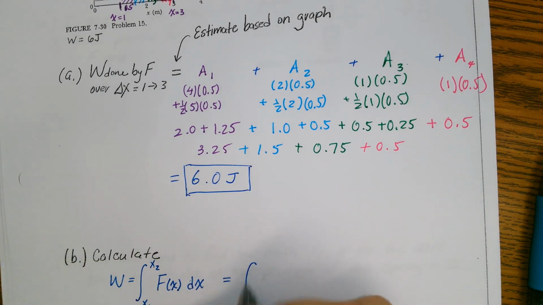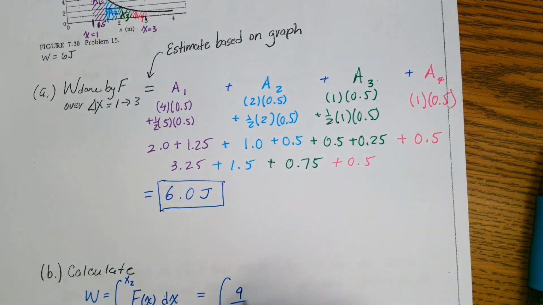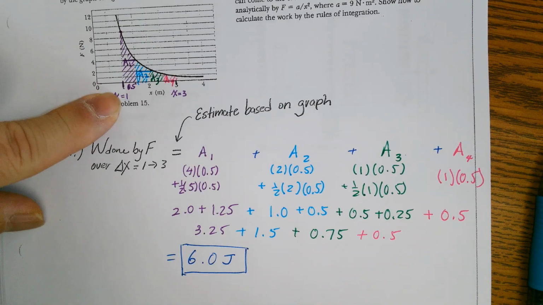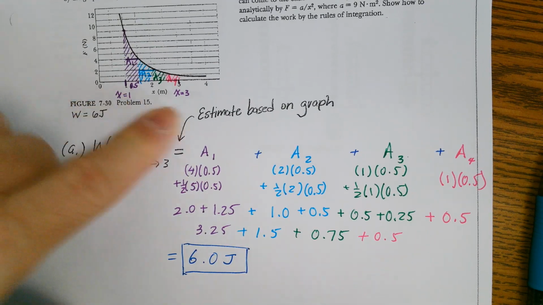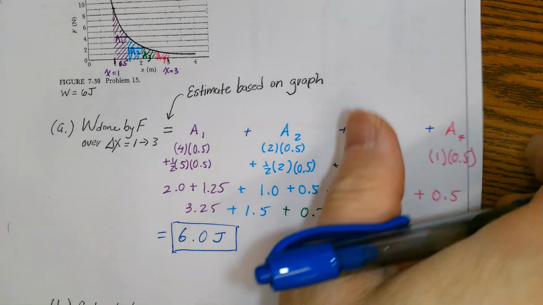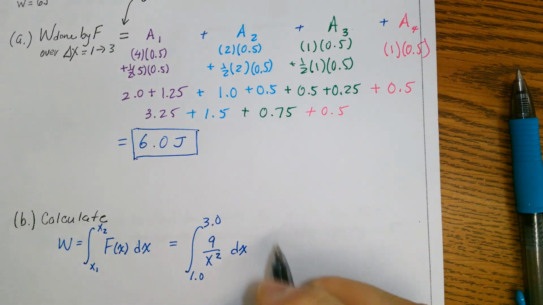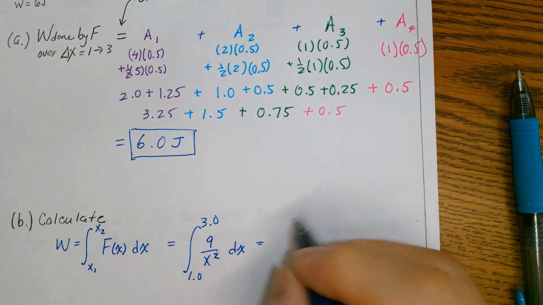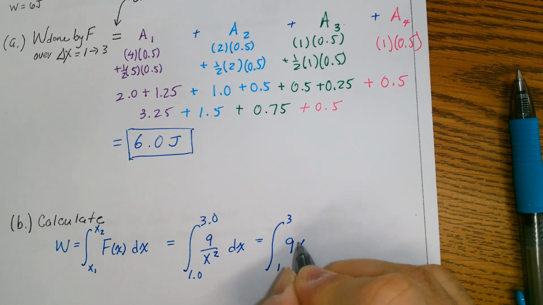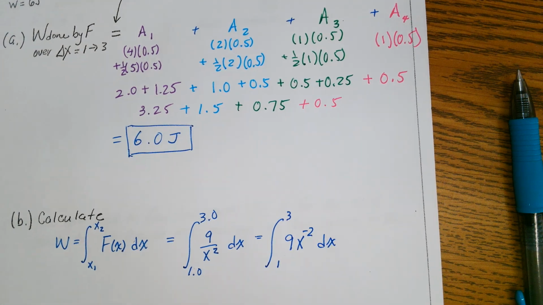But since we have this f of x as 9 over x squared, and our x initial, or x1, is 1, and x2 is 3, dx. So if I want to rewrite this, I could simply say the integral from 1 to 3 of 9 times x to the negative second power dx is what you can write down.